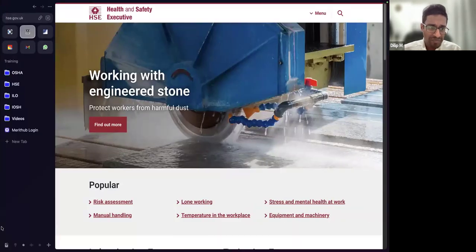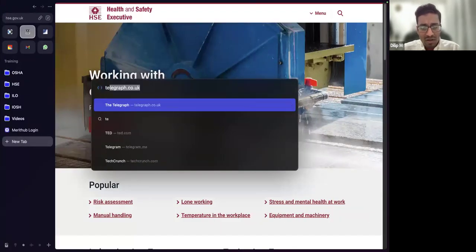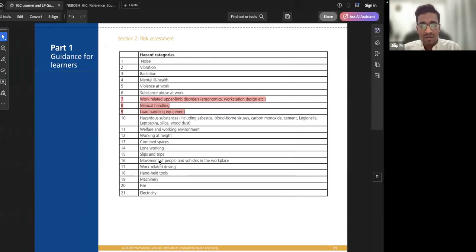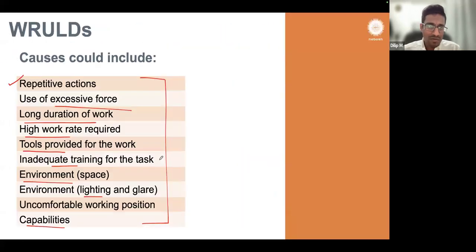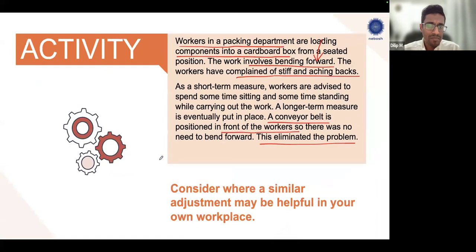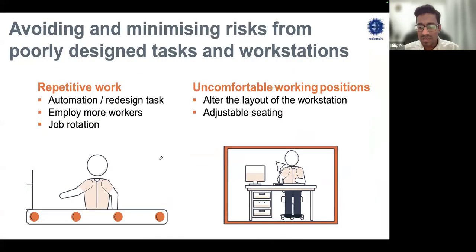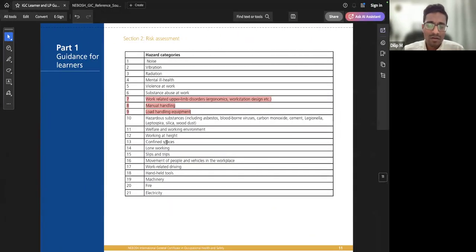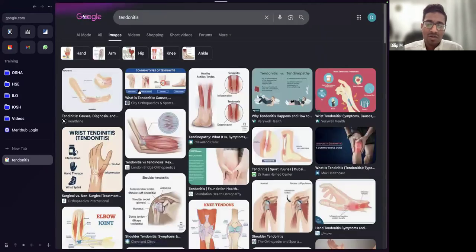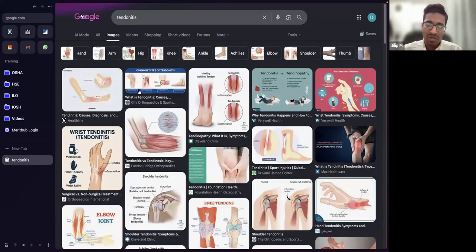So for example, tendonitis. It is referenced here, as you could see. Tendonitis is the inflammation or irritation of a tendon. Tendons are connective tissues that connect the bone to the muscle.